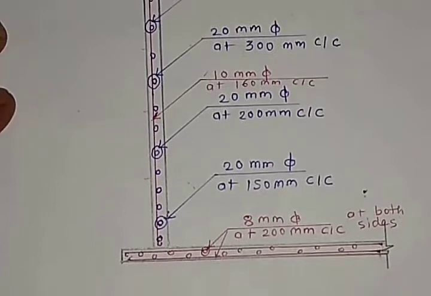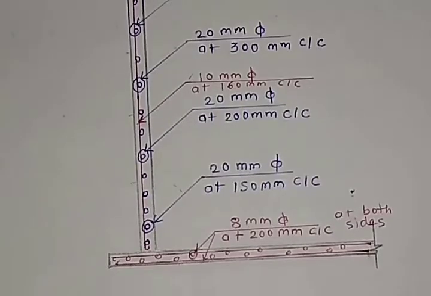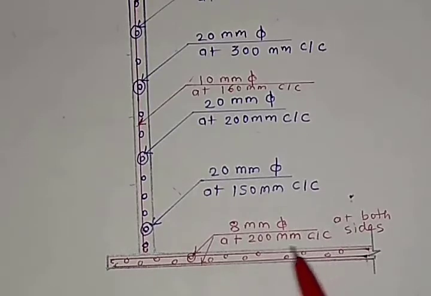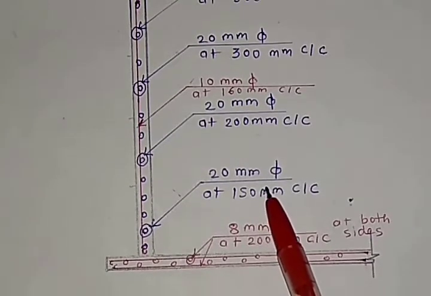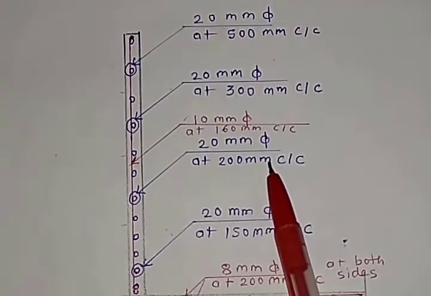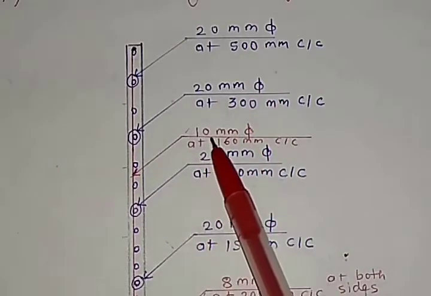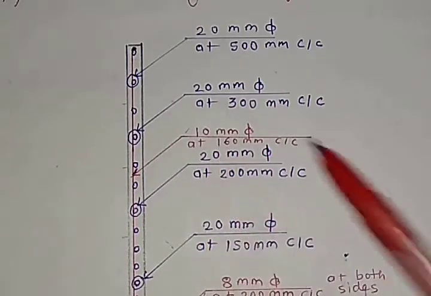So we can even mark. Majorly these are the reinforcement details. This is at the base slab. This is hoop reinforcement at the base. Then the next one, hoop reinforcement. This is also hoop reinforcement, and this in red color is vertical reinforcement, which is going to be common.